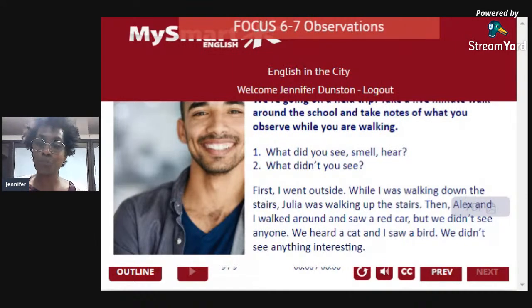I know this wasn't a very easy focus because a lot of it relies on talking face to face. But using your past simple and your past continuous is important even in writing.